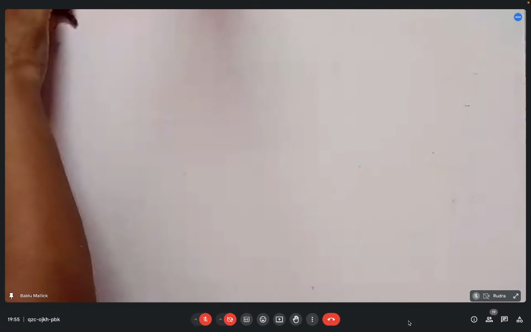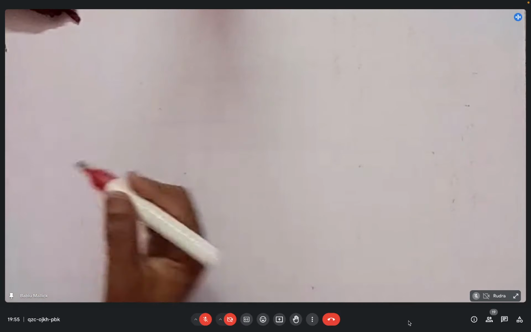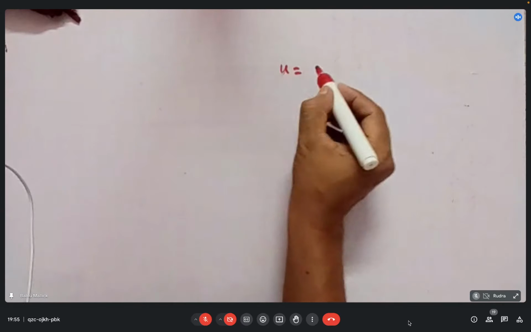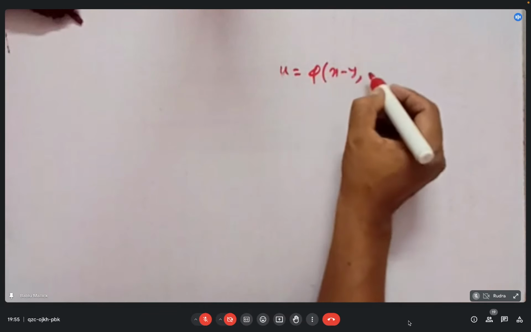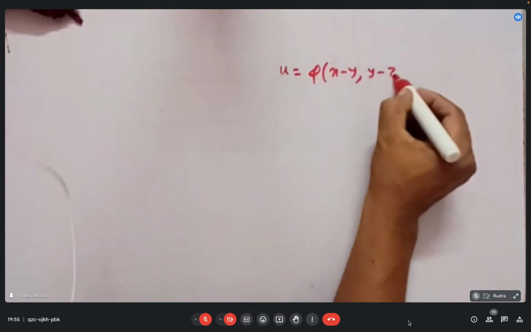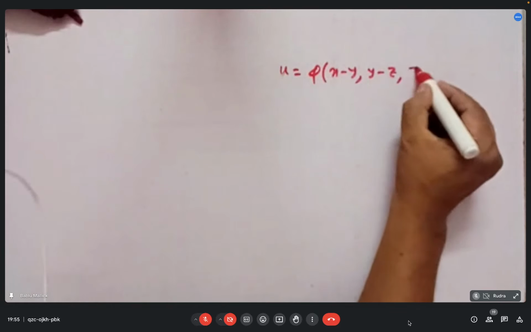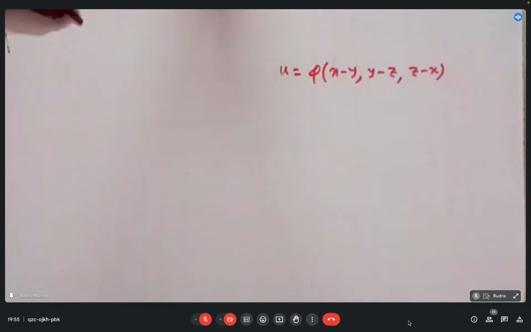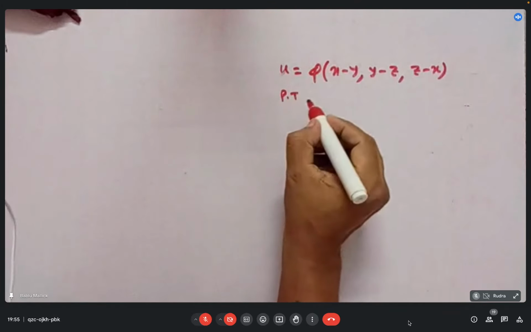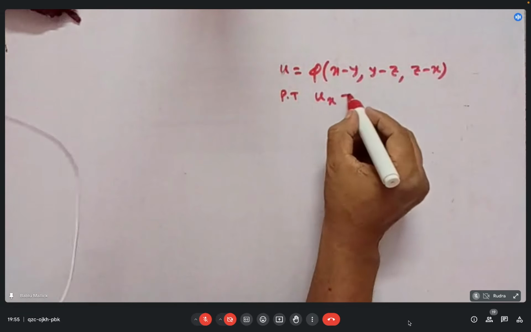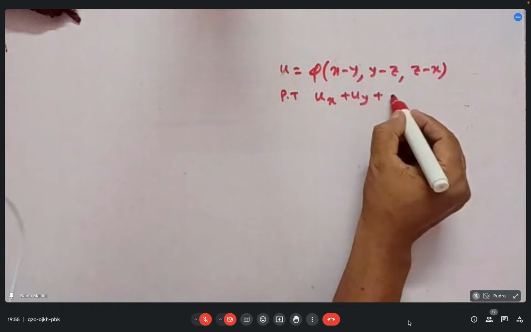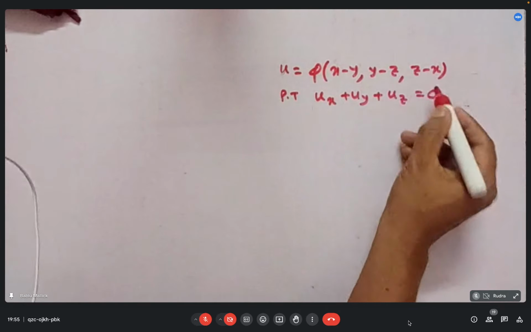Next, write: if u is equal to a function of x minus y, y minus z, z minus x, then prove that ux plus uy plus uz is equal to 0.